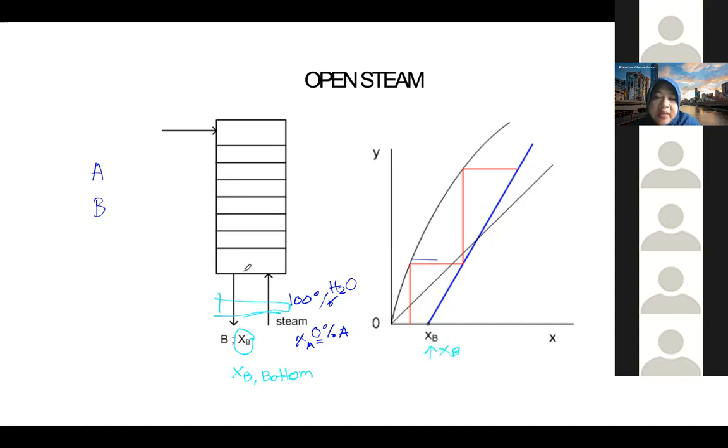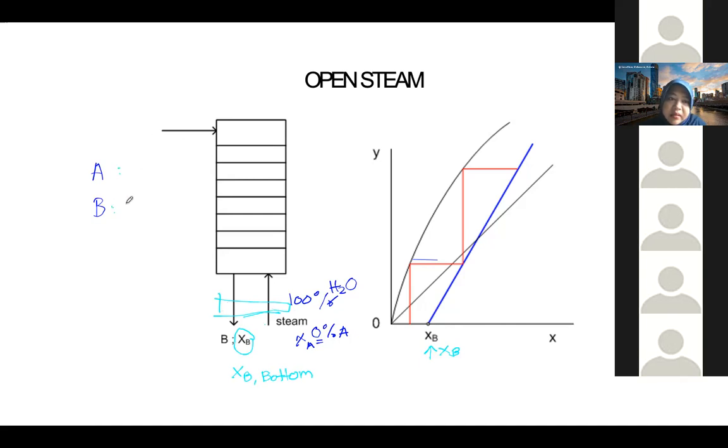What is the composition of A that is passing in this stream, in the steam? What is the composition of the vapor for the steam?